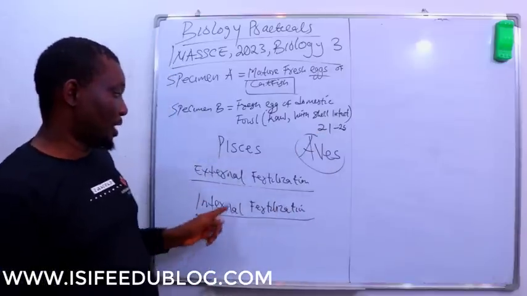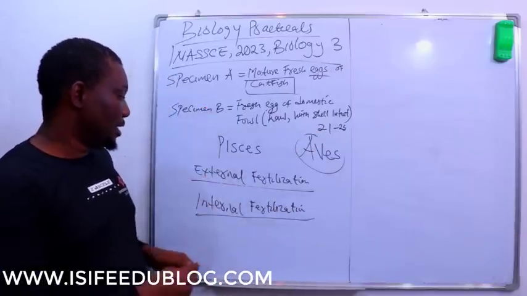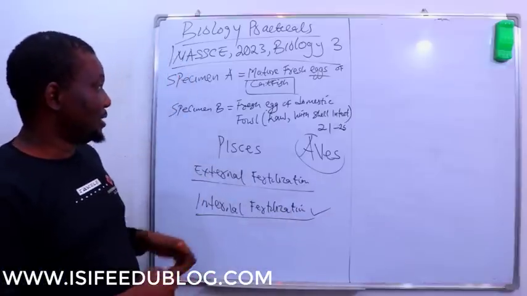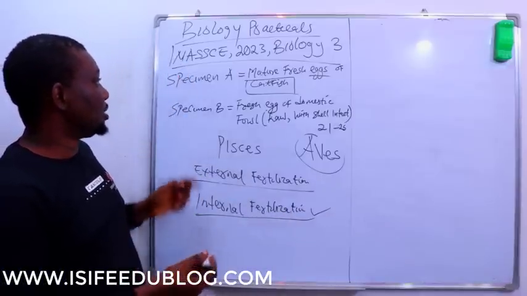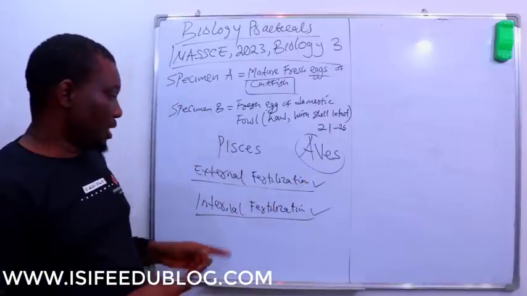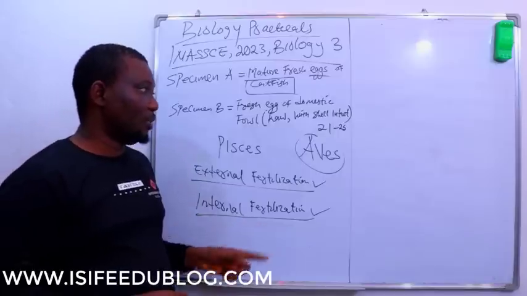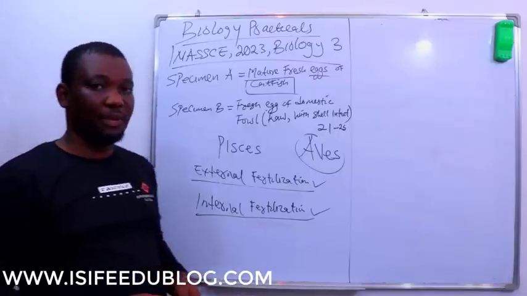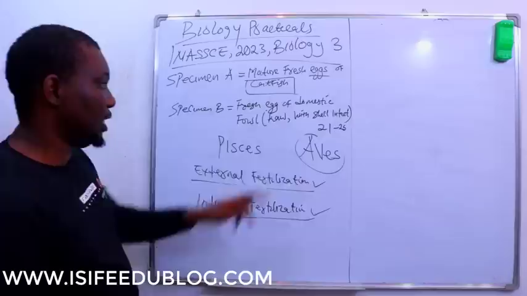So the type of fertilization in specimen B is internal fertilization, while the type of fertilization in specimen A is external fertilization. You may be asked to give an example of another class of vertebrates, animals with backbone, that also exhibit internal fertilization apart from Aves.